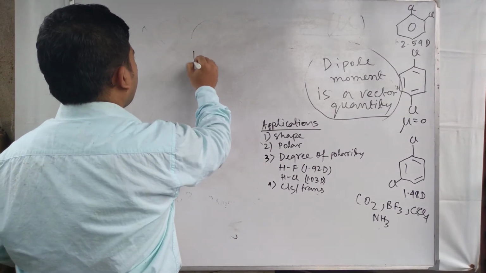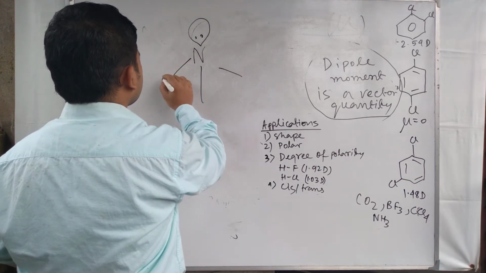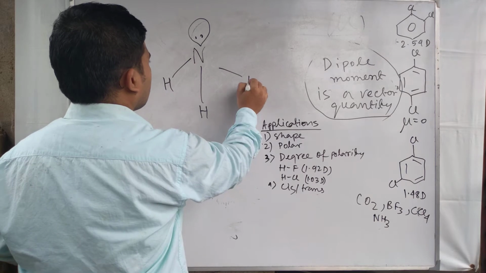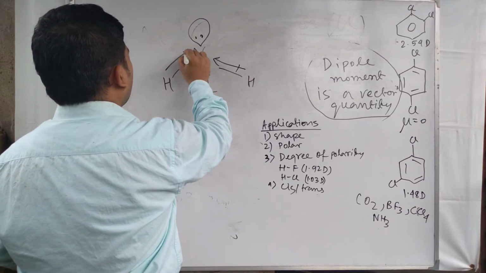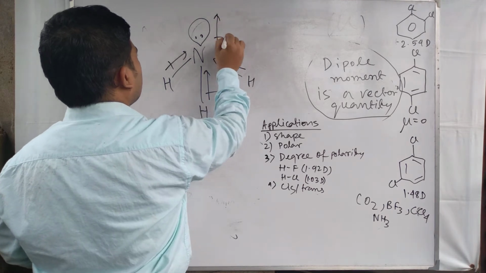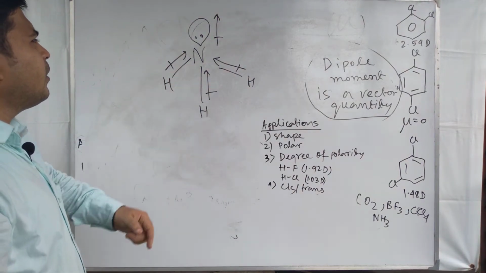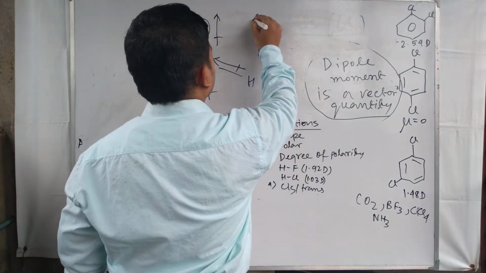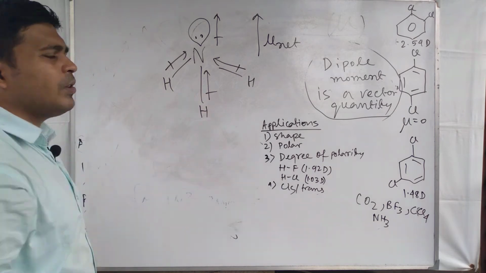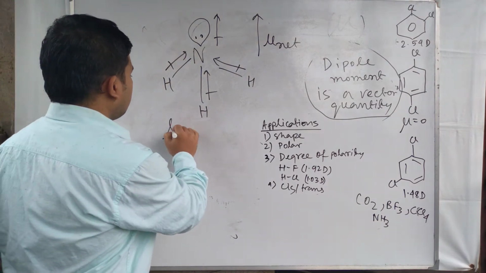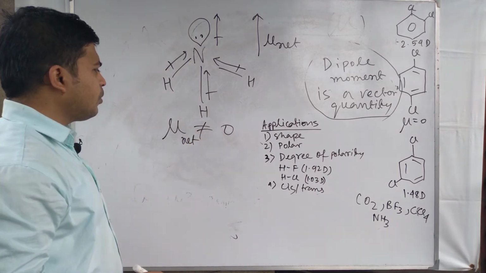Next, dipole moment in the case of the NH3 ammonia molecule. In the case of the ammonia molecule, the three bond moments are from the hydrogen side to the nitrogen side, and the overall mu net is in this direction. The molecule is polar, mu net not equal to 0.